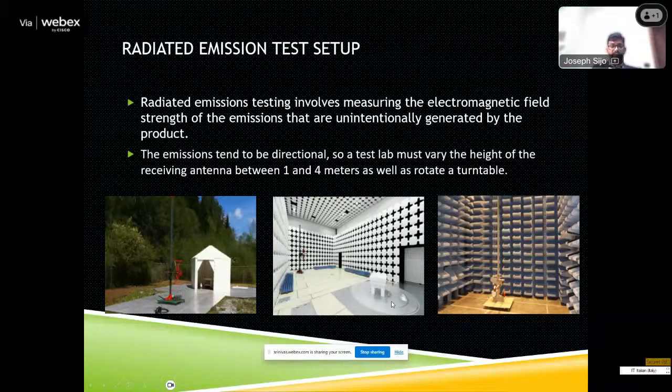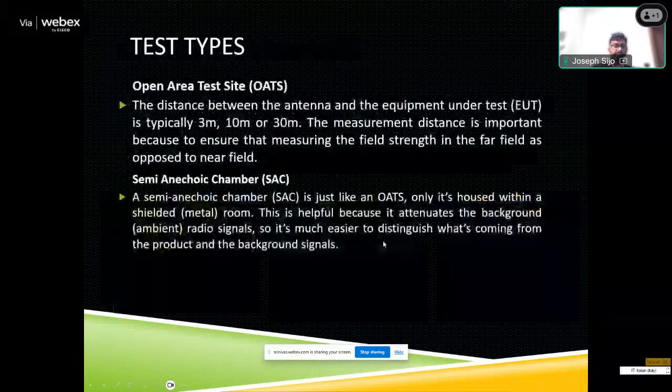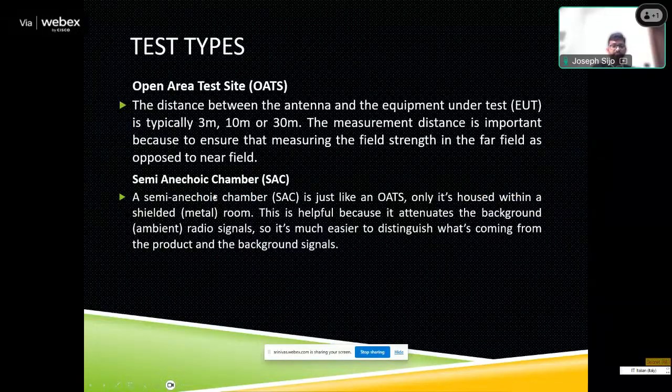The device should be placed here, and they are able to turn it around 360 degrees, checking the emission from all sides. So they will place the antenna here, and they can check it and also test it.